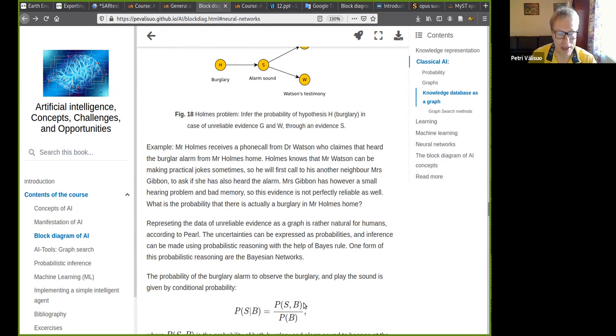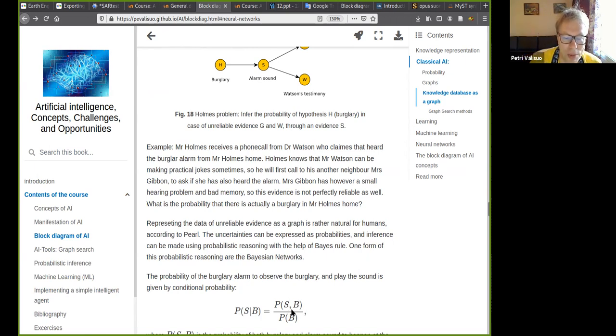And it can also be learned from the data, so that you can study a large number of burglaries and calculate how often the alarm system was working and how often not. Sometimes there was a power outage, and sometimes the burglars were able to switch it off and whatever.